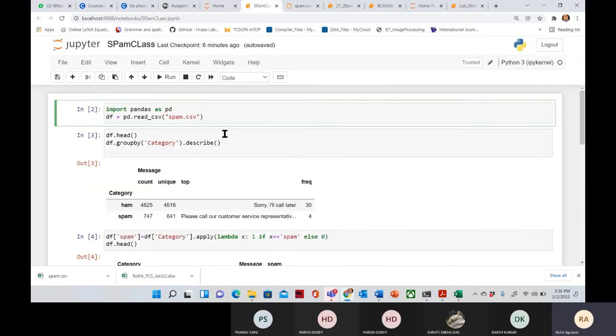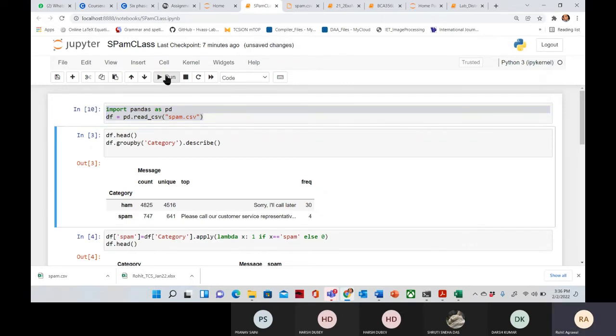This is a smaller example. First thing is we read this data set using the pandas library data frame, with pd.read_csv and my file name.